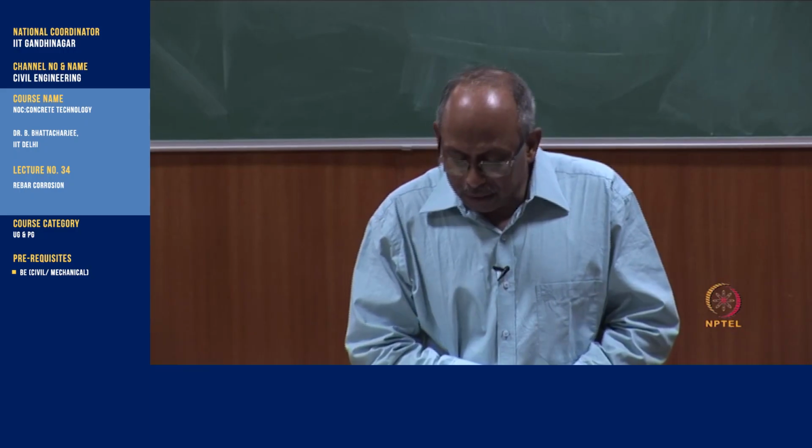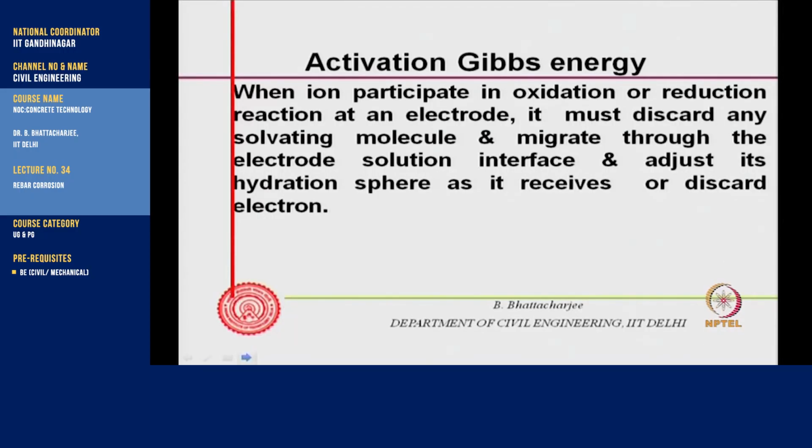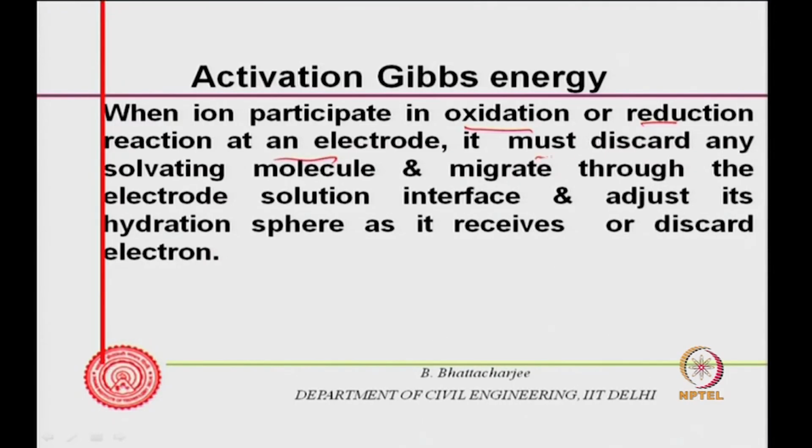Now, in activation, when I am applying additional current from outside, when an ion is participating in an oxidation or reduction reaction, it must discard any solvating molecule with which it was associated, or get out of it, and migrate through the electrode solution interface and adjust its hydration sphere as it receives or discards an electron. So, either it will discard an electron, supposing it is in the metal.